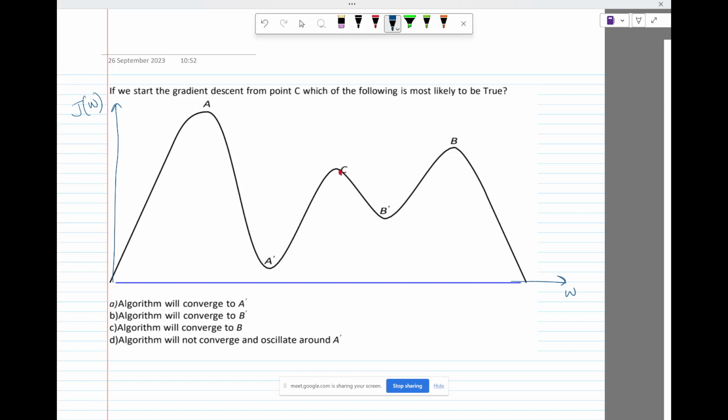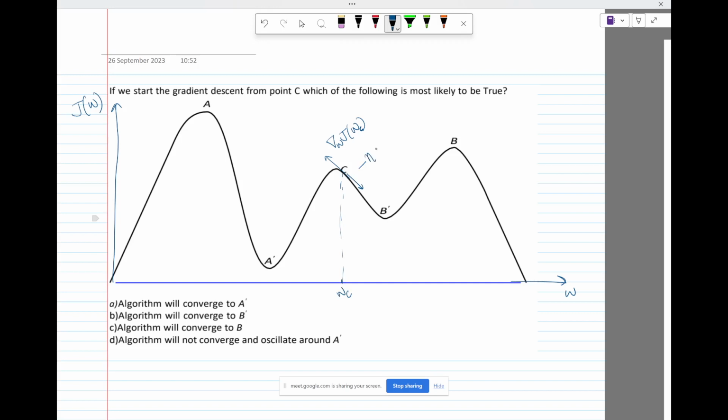Then this direction gives me the slope at this point, which is the gradient with respect to w at this C point, WC. Now this is the negative direction.